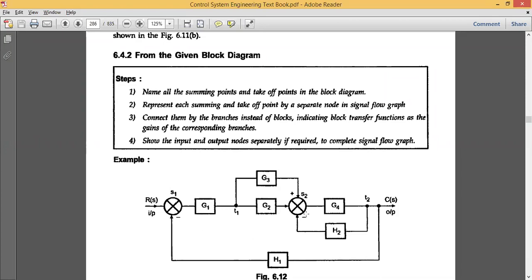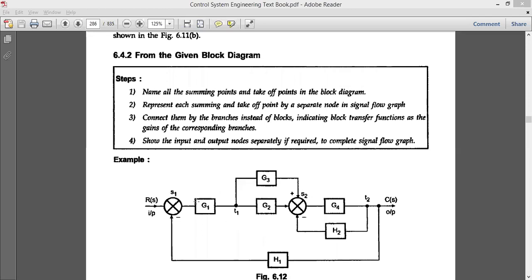So whenever you go for transforming your given block diagram into a signal flow graph, you should first label the block diagram. The label here is nothing but showing which is the input, which is the output, which is a takeoff point, which is a summing point.